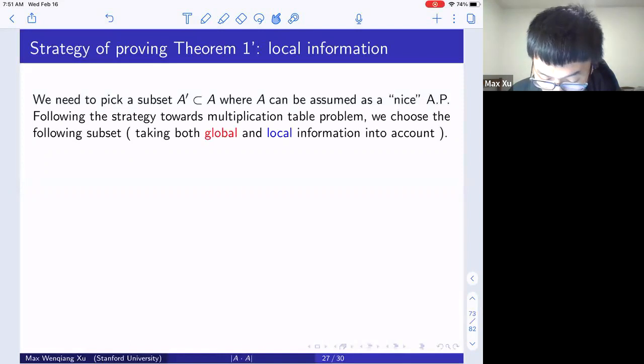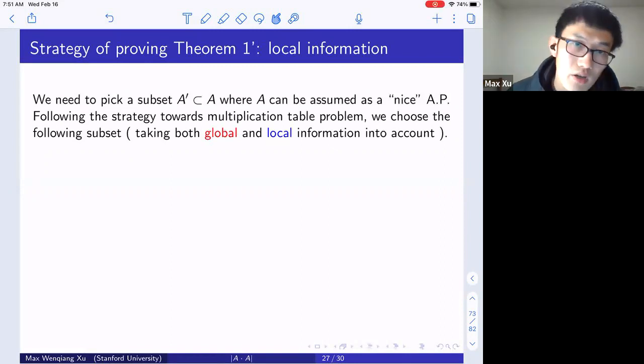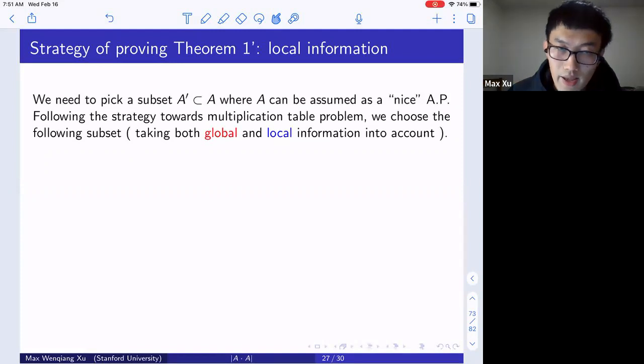If you are familiar with the multiplication table problem, you know that picking all the typical numbers is not enough. It's actually not the correct choice. Typical numbers globally have a certain number of prime factors, and you also need to pick A' to have some good local information.